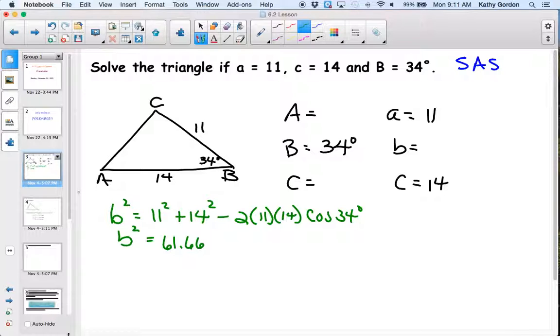Now, to get the most accurate answer, instead of typing in the square root of 61.66 and rounding it off, use your calculator and keep the decimal. So do the square root, which is control x squared. The square root sign is above that in the blue.